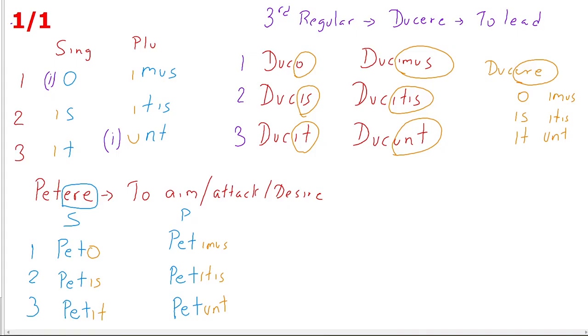So as you see, remembering these endings is very important in order to properly understand and solve the third regular conjugation.